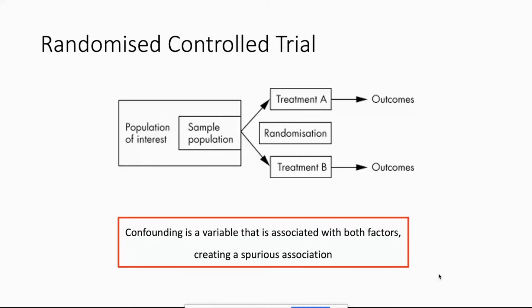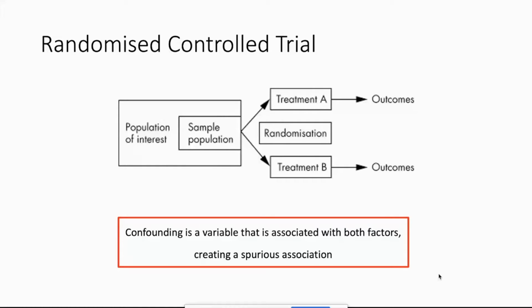The benefit of a randomized controlled trial lies in the randomization. This makes sure that the people who receive treatment A or treatment B are similar in terms of their baseline characteristics, for example, that there is a similar distribution of ages in both groups, and a similar proportion of people who have different comorbidities such as diabetes.